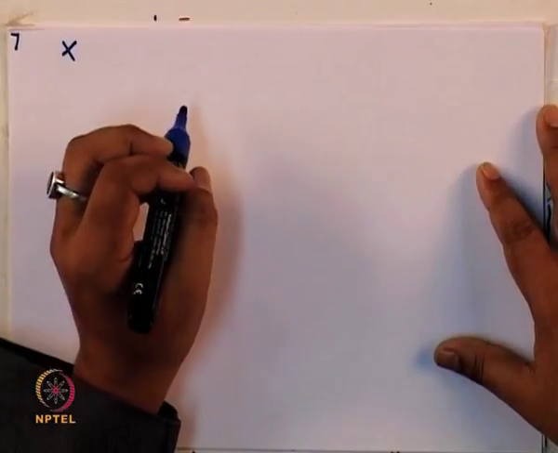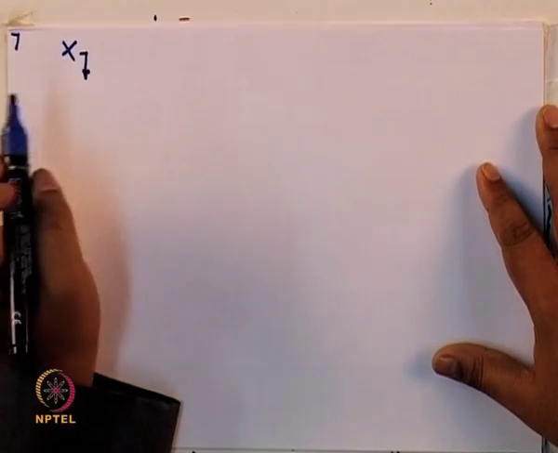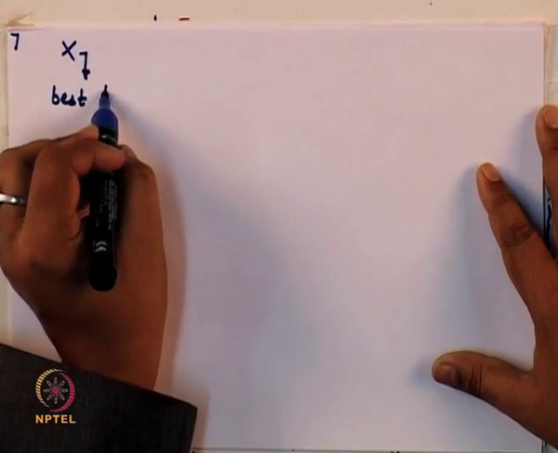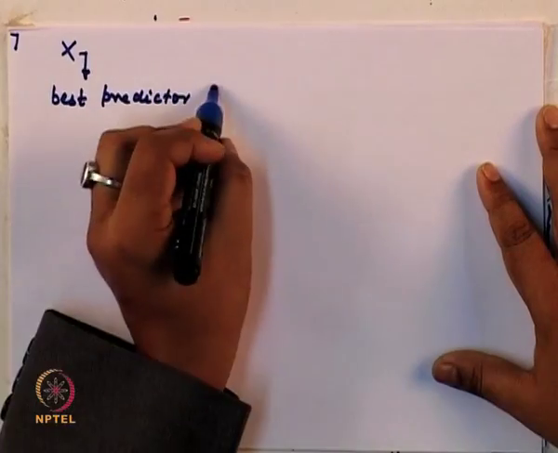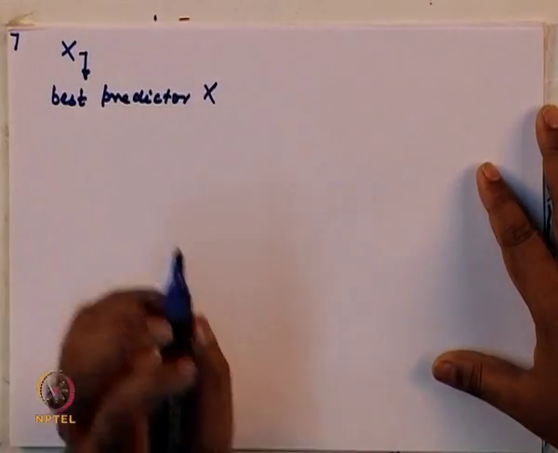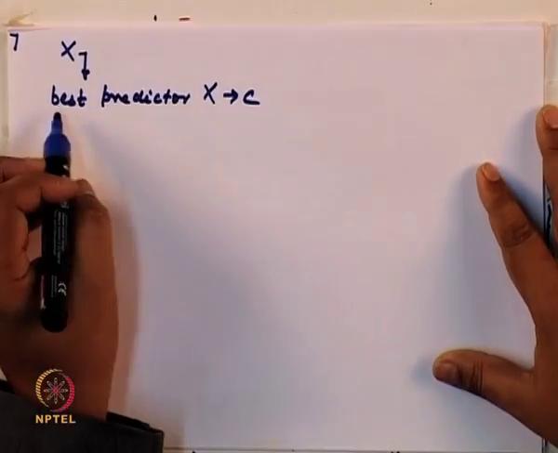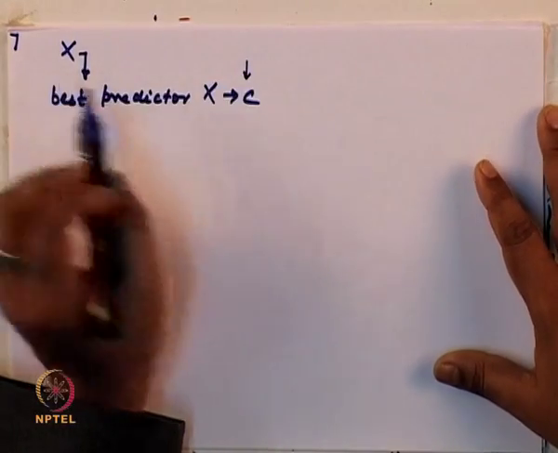So, in expectation, you have, let us say, a random variable X. We want to know what is the best predictor, that is, what is the prediction c that best predicts X? What is the value of c which best predicts X?